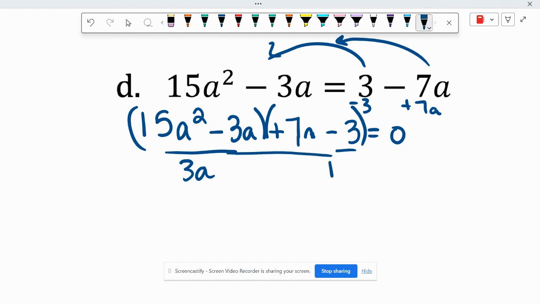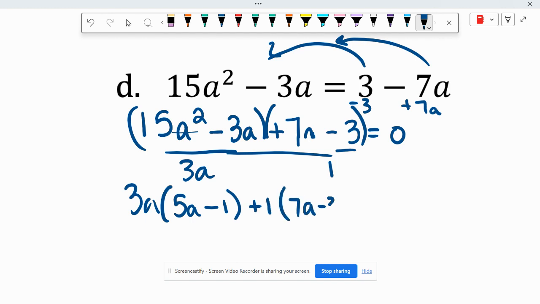So when I take out a 1, let's see. 15a squared divided by 3a is 5a. And -3a divided by 3a is -1. Plus 1 is 7a minus 3. Do I have a repeated term? No. What does that tell me?